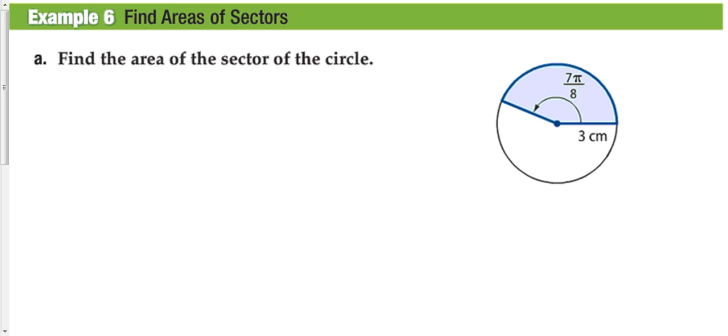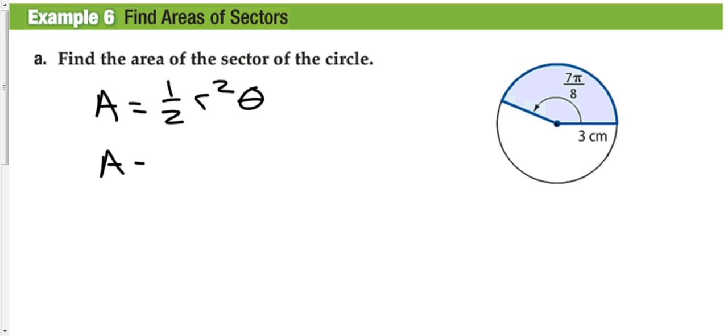So let's find the area of this sector. We got a nice easy circle here. We know my r, we know my theta, everything's all set up. So my area is going to be 1/2 r squared theta.